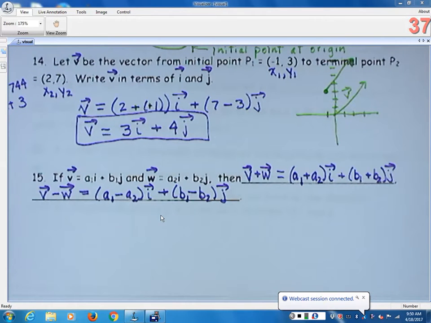So you don't have to use the subtraction formula. All right, got that.